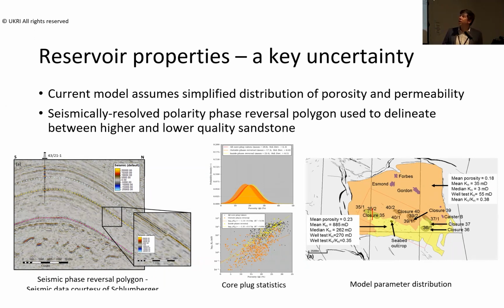But our current model basically assumes a highly simplified distribution of porosity and permeability across the region. You can see the challenge. We've got this huge area of storage reservoir, our saline aquifer. We've got basically a fairly sparse distribution of data points with which to characterize accurately these fine-scale heterogeneities that have been talked about earlier.